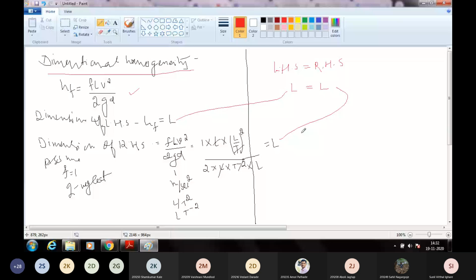Now, the application of dimensional homogeneity is that it is used to determine the dimensions of physical quantities and helps to check whether an equation is dimensionally homogeneous or not. It provides the facility to convert units from one system to another, and also it provides a step towards dimensional analysis, which is widely used for research work and model tests.